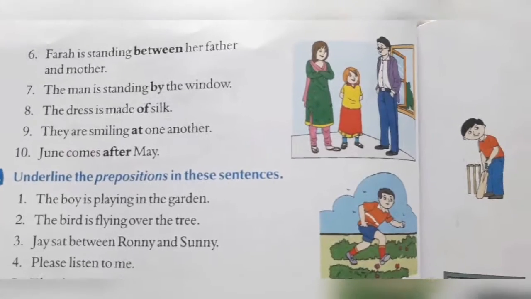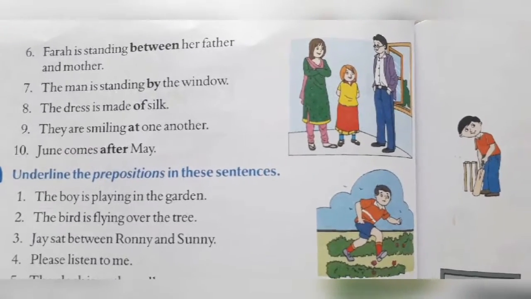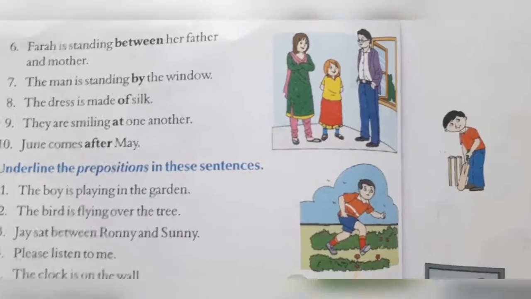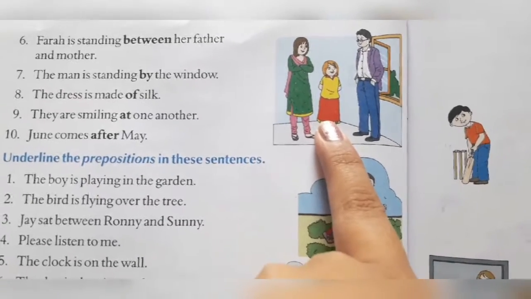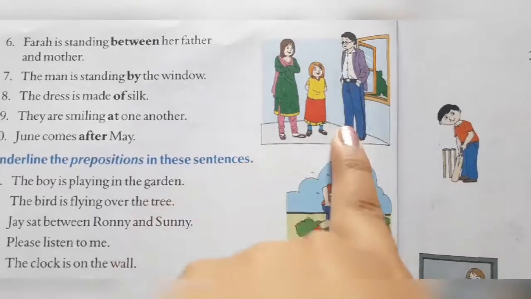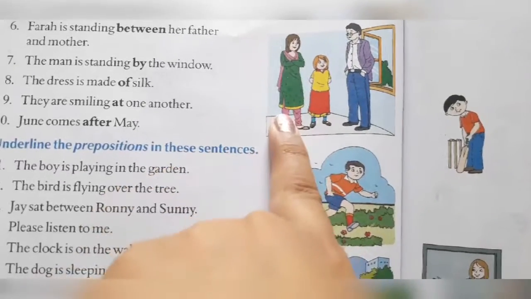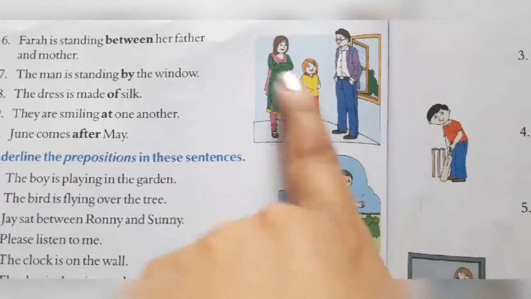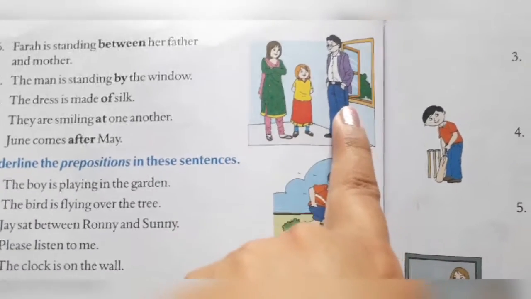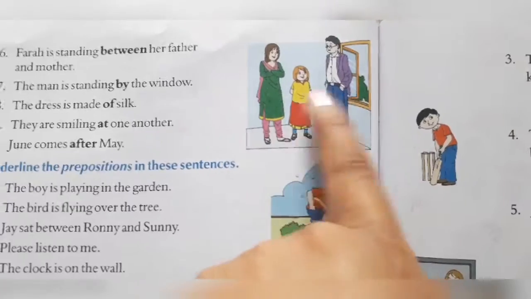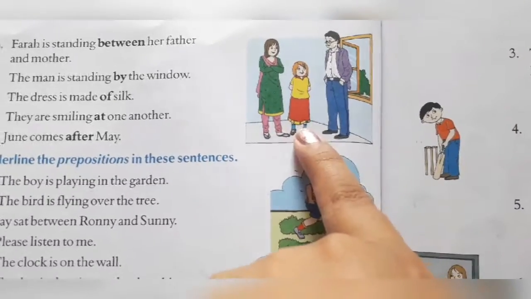Farah is standing between her father and mother. As you can see, the girl Farah is standing between her father and her mother. She is in the middle of her parents. When something is in the middle of two things on both sides, we use between.